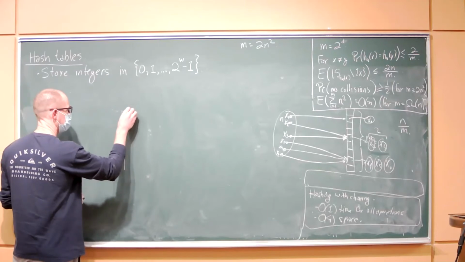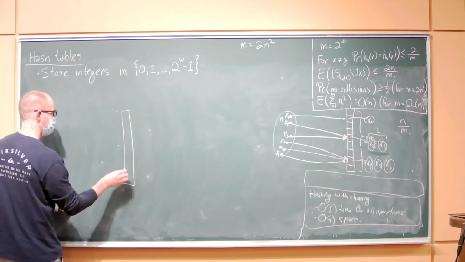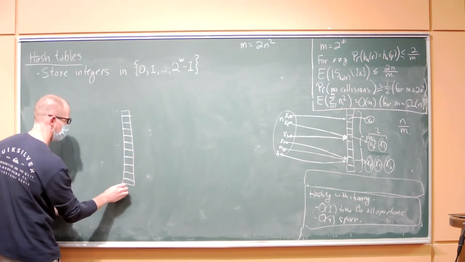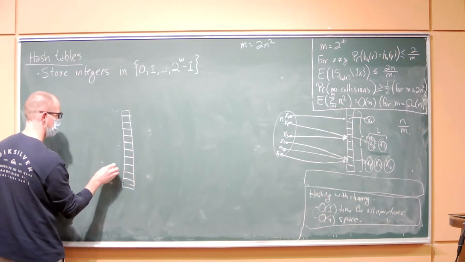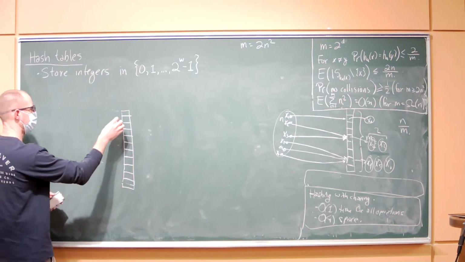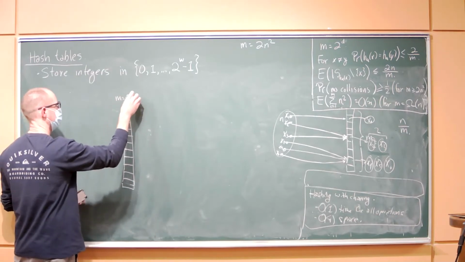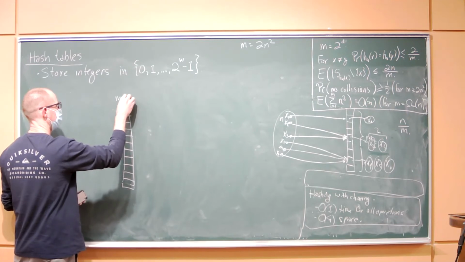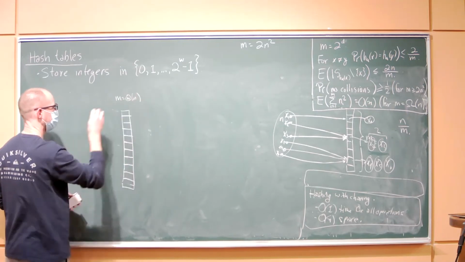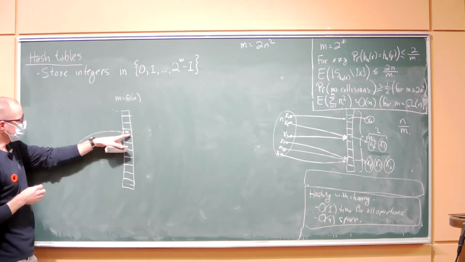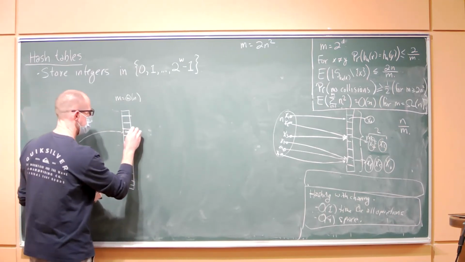So what you're going to do is use a table of size M, which is proportional to N. Each element in that table is not going to be a list.